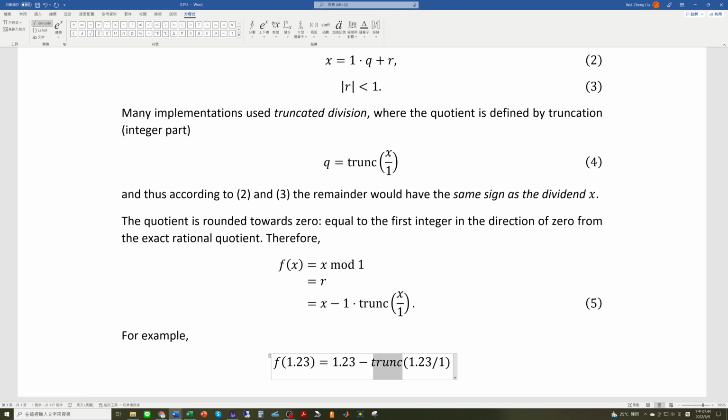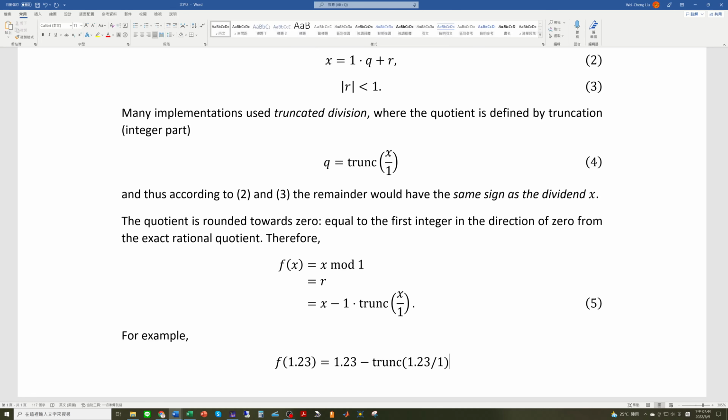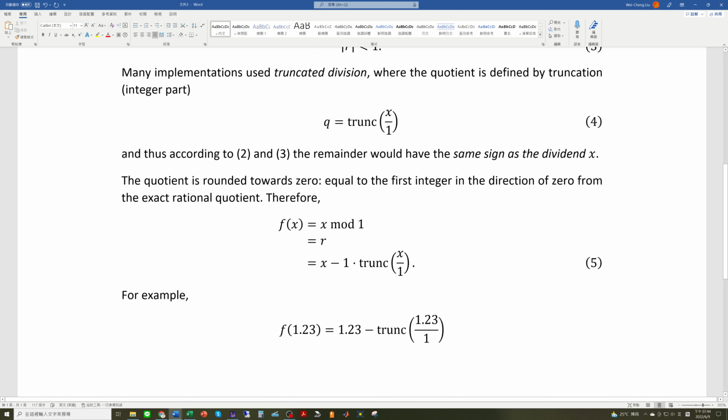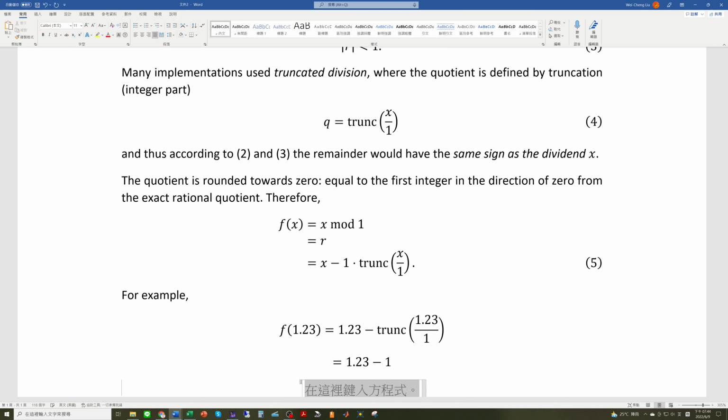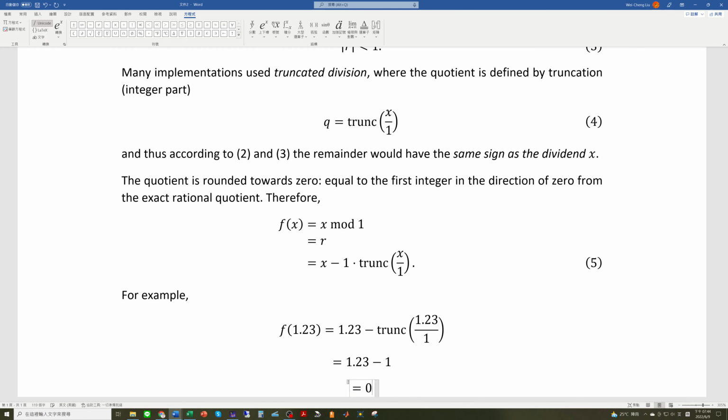Trunc should be non-italic. So 1.23 over 1 is equal to 1.23, and truncating it, that is only taking the integer part. So the integer part of 1.23 is equal to 1. So this is equal to 1.23 minus 1, which is equal to 0.23.